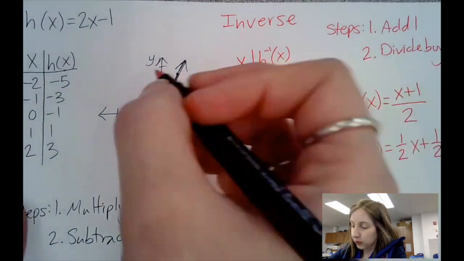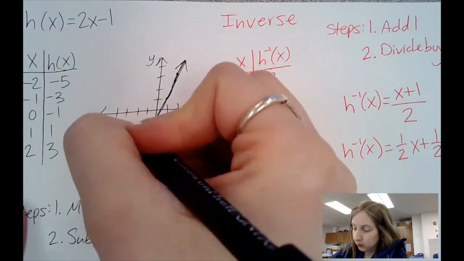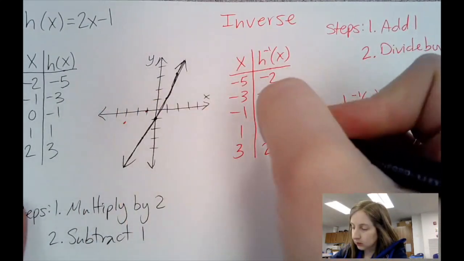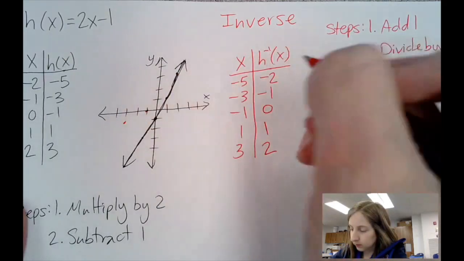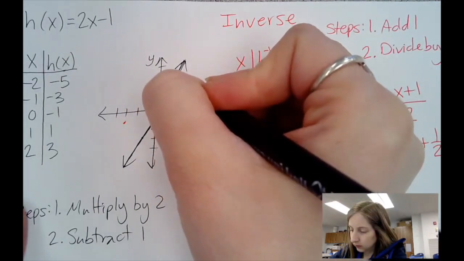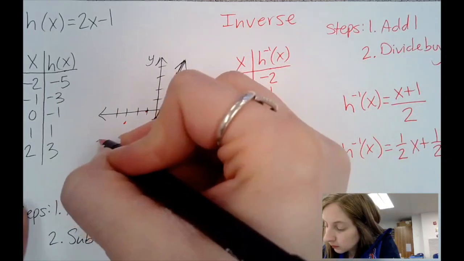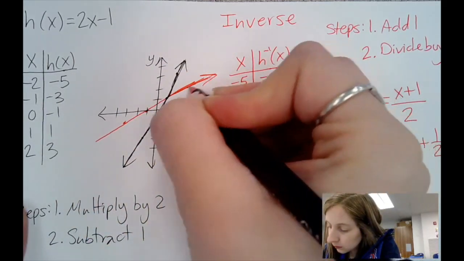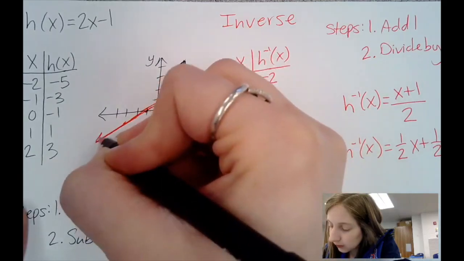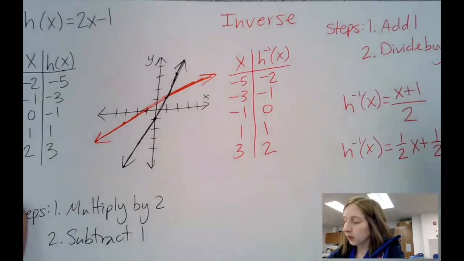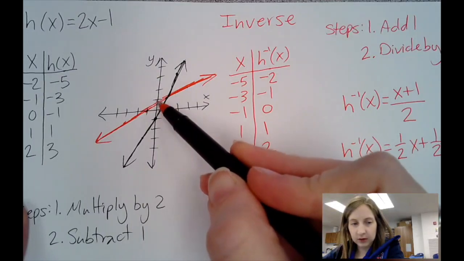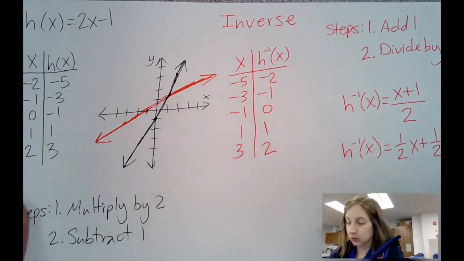I'm just going to use these points, but we'll check and see that that all works out here in a minute. All right. So there's my line. So you can see it crosses here at 1/2, and it also has that up 1 over 2 slope.